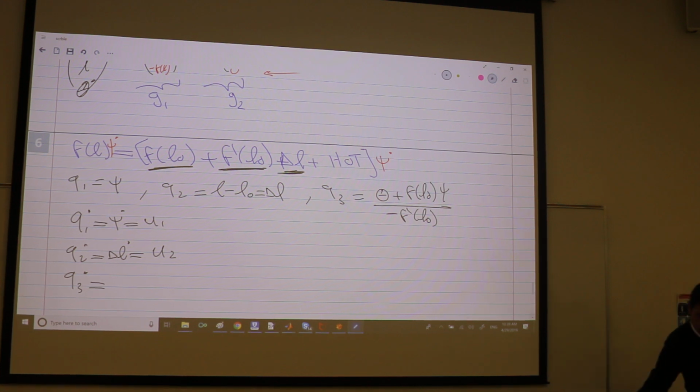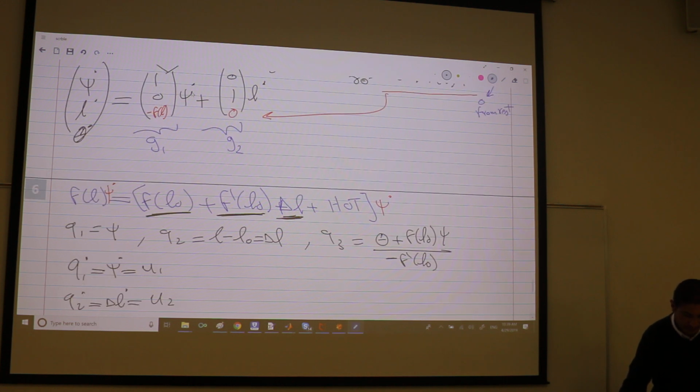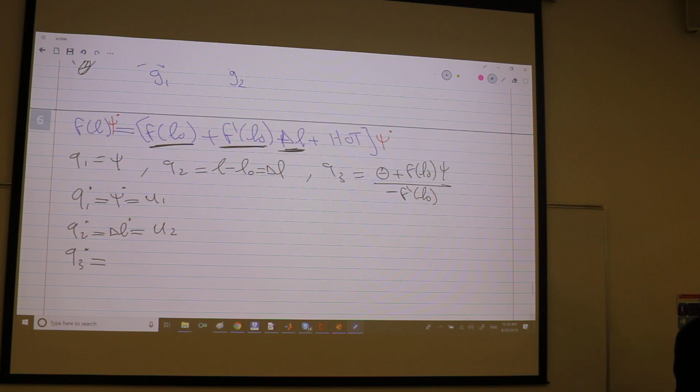We have this guy multiplying psi dot, and we have negative. I divide by the negative f prime, so we have just delta L multiplying psi dot. Delta L is actually q2, and psi dot is u1. Instead I have higher order terms, that's fine, we'll worry about it later. But you can see here, this is a chain system, right?